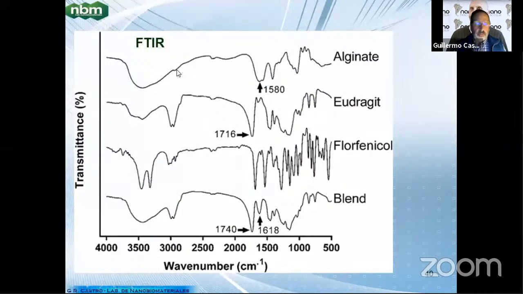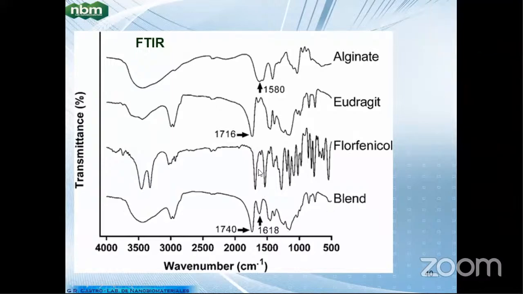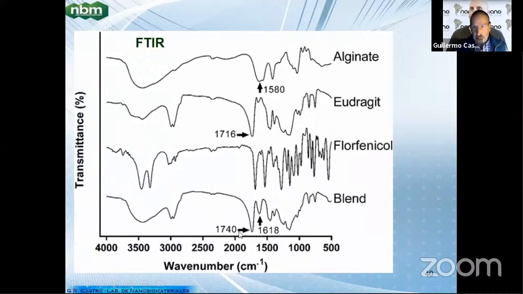We also want to analyze the interaction between the compounds. As you can see, florfenicol has many peaks, but when we encapsulate in the blend, there is a reduction of the structure.